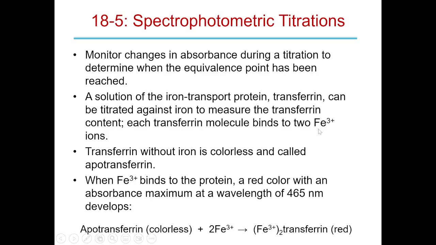All right, so you're going to monitor changes in absorbance during a titration to determine when the equivalence point has been reached. This is actually a pretty common way to do titrations, where instead of depending on your eyes to monitor some sort of arbitrary color change, which remember when we did all those calculations of when this would change?